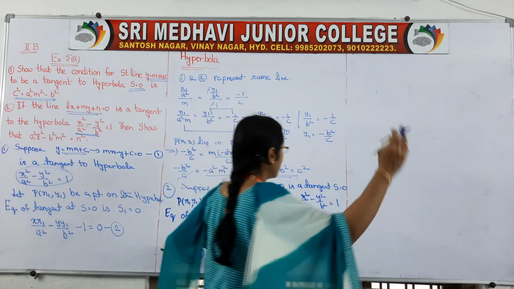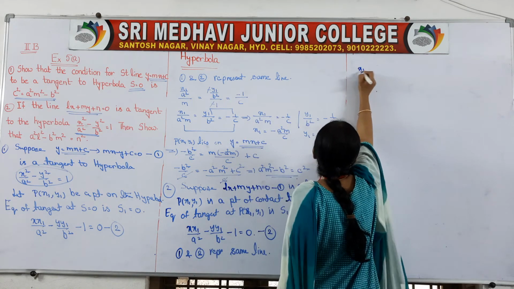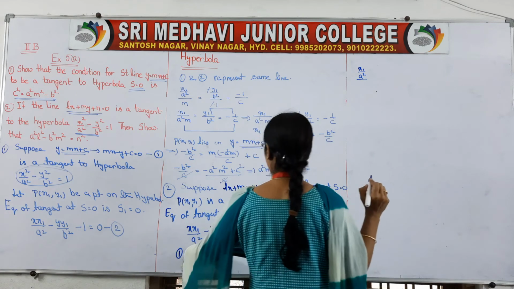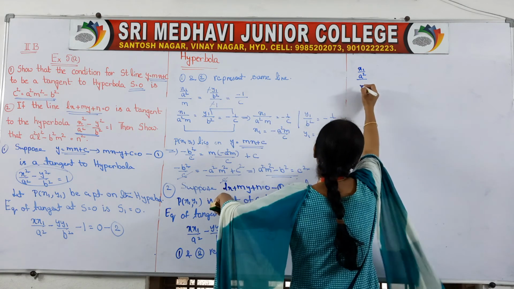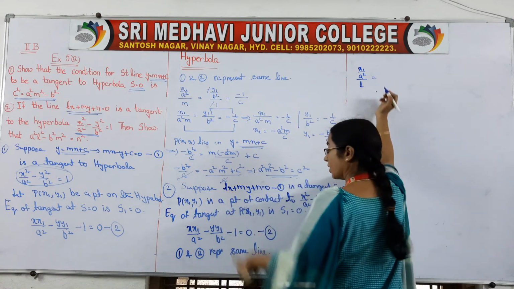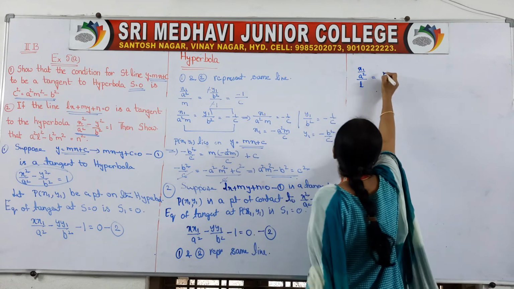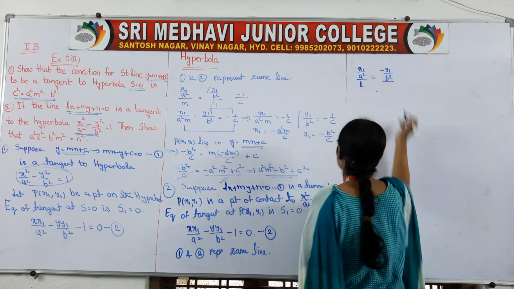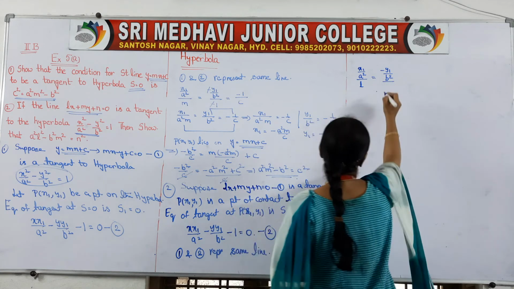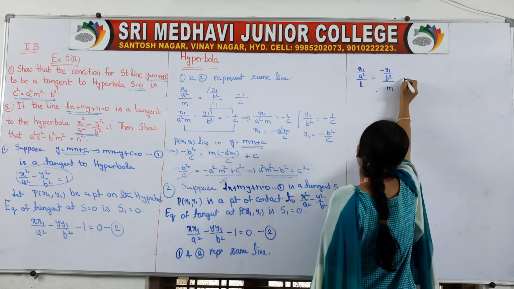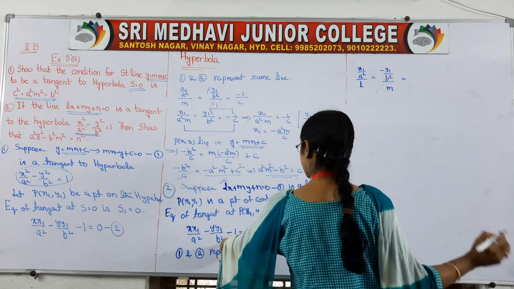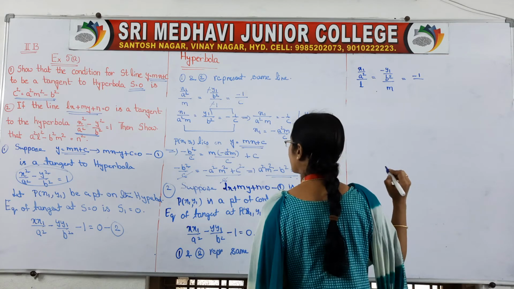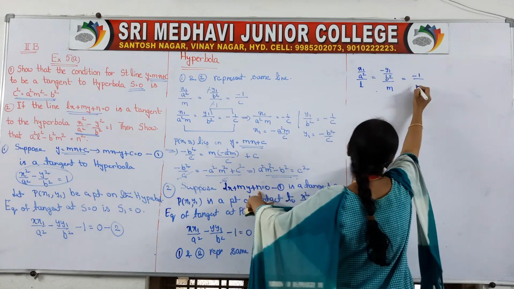So come on, here x coefficient is x1 by a square, and for this line x coefficient is L, is equal to, next, it is minus y1 by b square, here y coefficient is m, is equal to constant is minus 1, here constant is n.